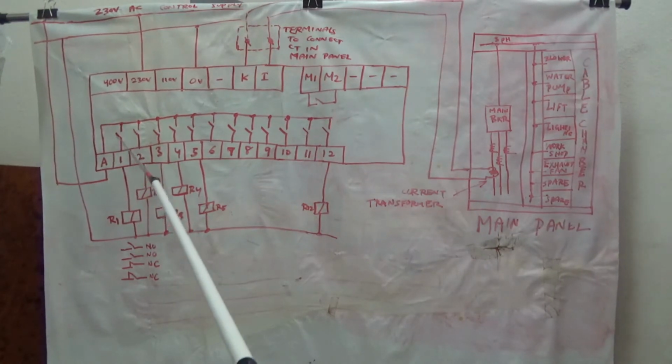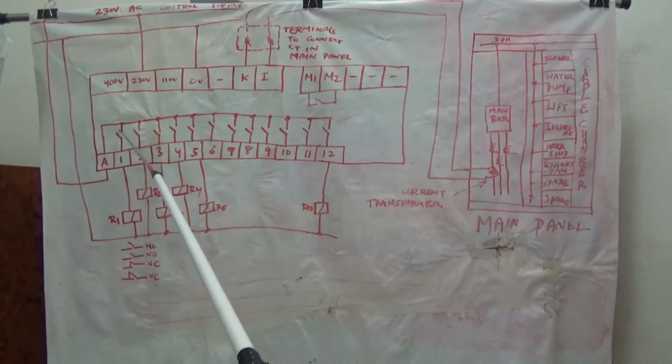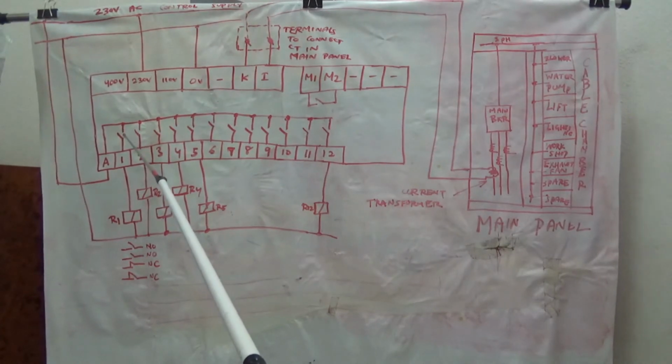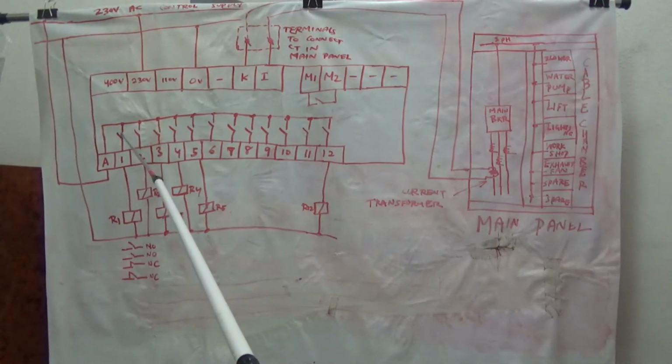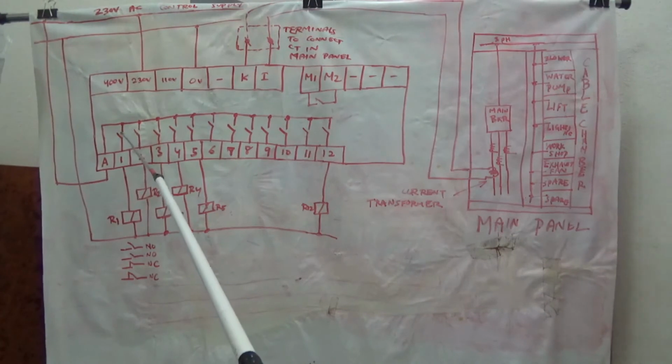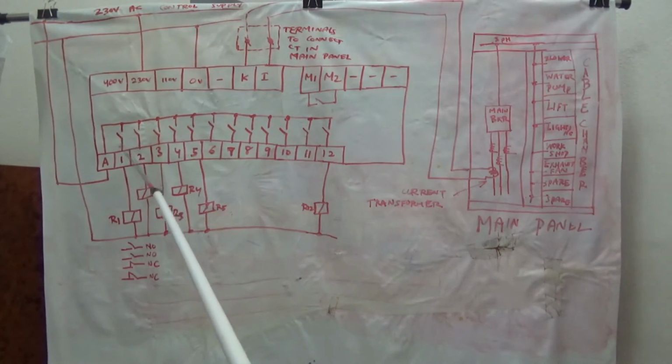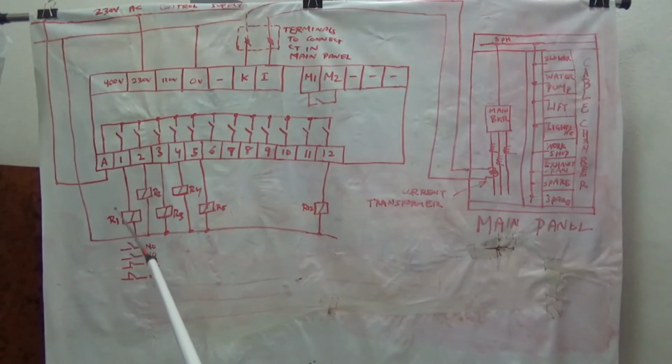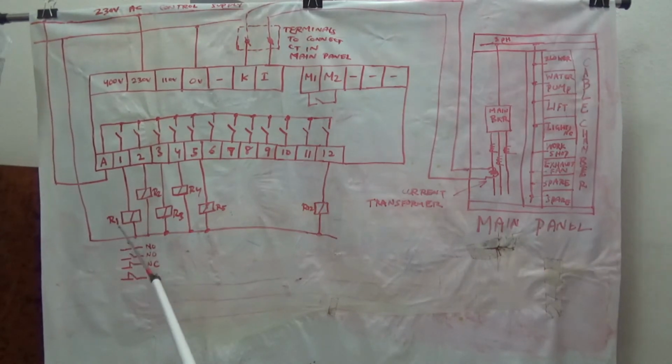the load comes to this point. In that case, this contact will burn, and since it is inside the controller, we cannot repair it. So to avoid this, we are using one small relay.